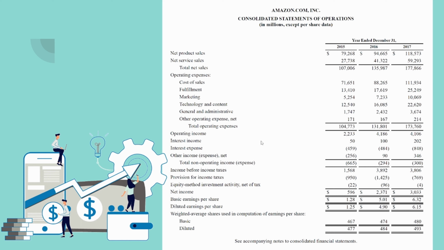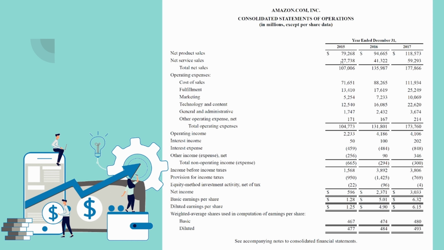Now the interest expense has been imposed, and also other non-operating income and expenses such as the income before income tax, provision for income tax, equity method investment activity. So after deducting all these non-operating expenses, we arrive at the net income.